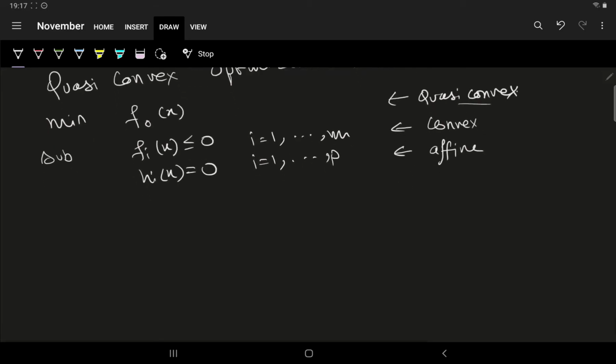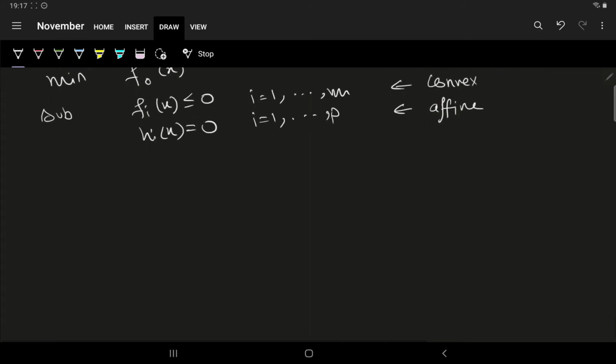This leads to the immediate observation that the global optimal is not equal to the local optimal.